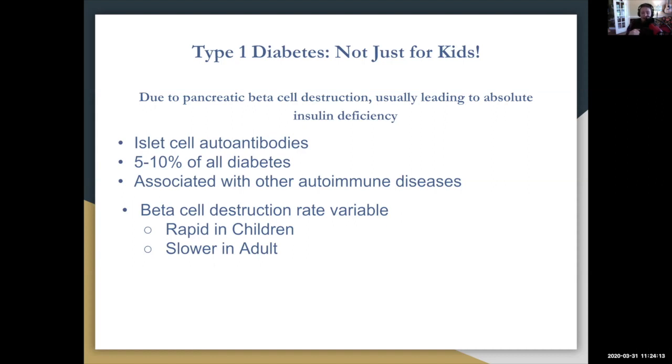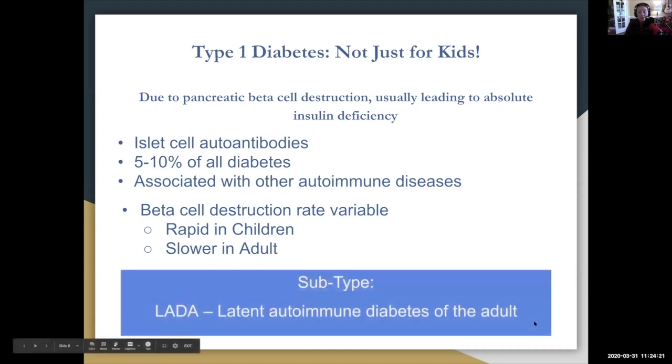And then all of a sudden, you might get hospitalized and somebody figures out, oh, this is actually a type 1 process. Okay, and in those adults, when we figure out that it's not actually type 2 we've been treating, it's type 1, that's called LADA, which stands for latent autoimmune diabetes in the adult. And it's becoming more common.